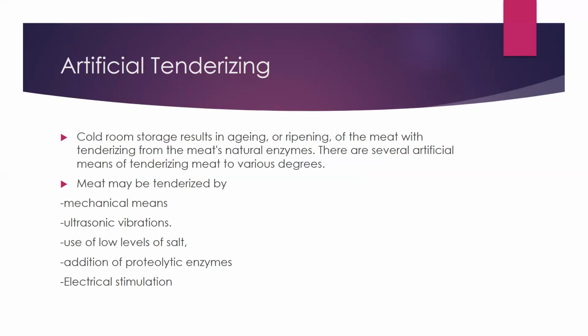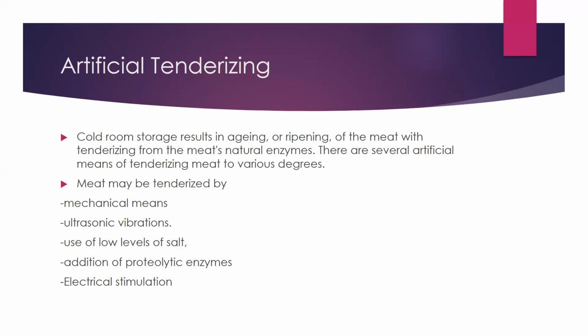During cold room storage, the carcass can be hung in a manner to stretch the muscles and thereby encourage elongated, thinner muscle fibers. Tenderizing of meat can be obtained by pounding, cutting, or separating and breaking the meat fibers with the help of ultrasonic vibrations as well. So you can tenderize meat by mechanical means.